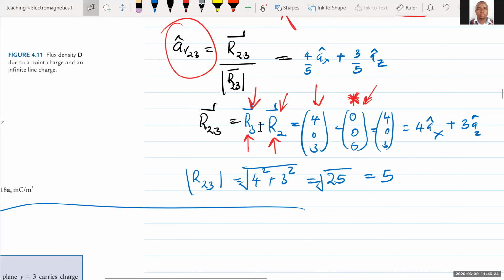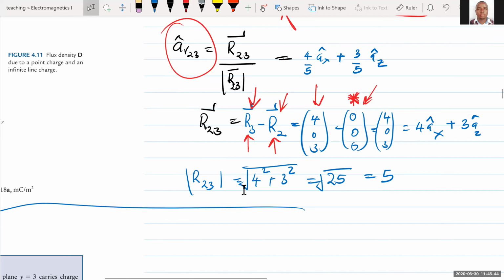So what I do is that I just now minus R3 minus R2 becomes 4, 0, 3 minus 0, 0, 0, we get 4, 0, 3. And this gives us the vector 4ax plus 3az. The other point that we of course need to find out is R23 modulus.